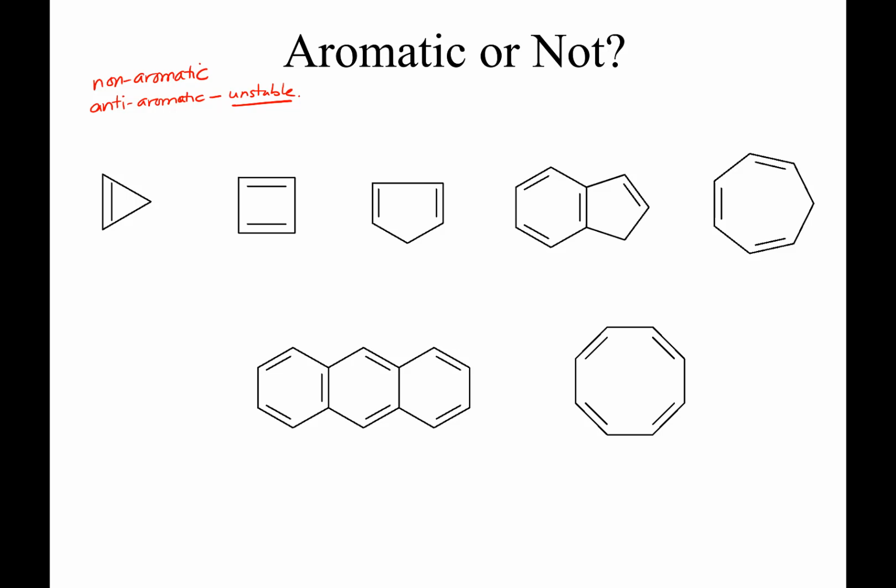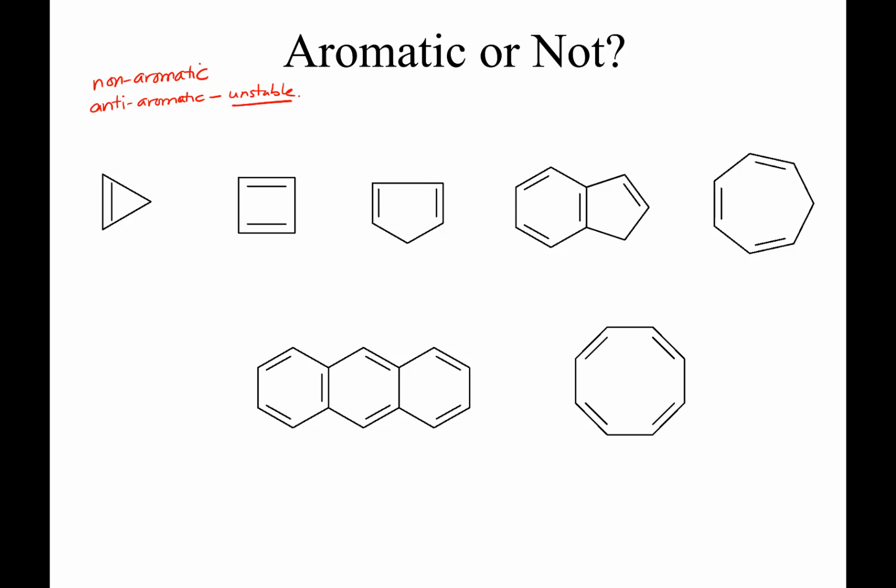And I'll give molecules a human characteristic here: no molecule is going to voluntarily choose to become anti-aromatic. If the molecule has a choice between being non-aromatic and anti-aromatic, it's always going to choose non-aromatic. And you might say, what are the examples of those? We'll get to them.